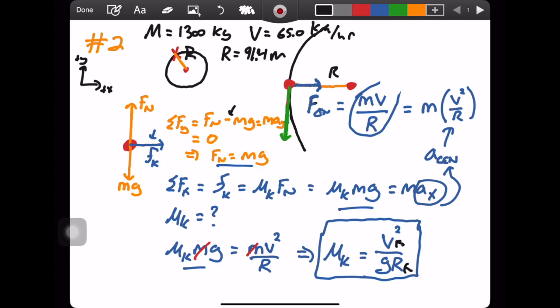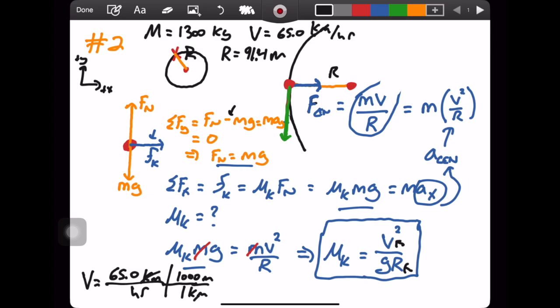So one last thing, we are going to have to make a conversion because we know that v equals 65.0 kilometers per hour. We want to convert that to the SI meters per second. And so to make that conversion, just know that if we want to convert from kilometers to meters, well, 1,000 meters are in 1 kilometer.